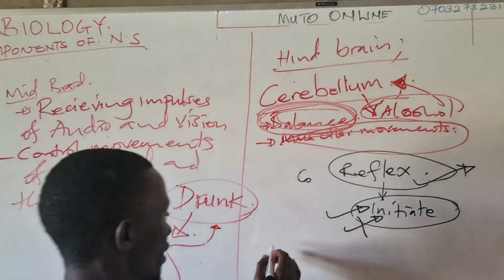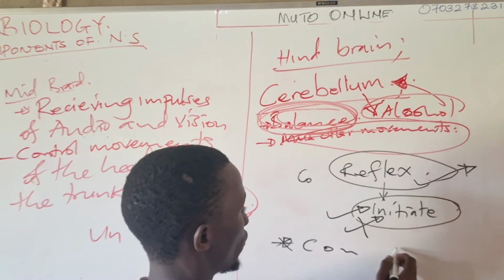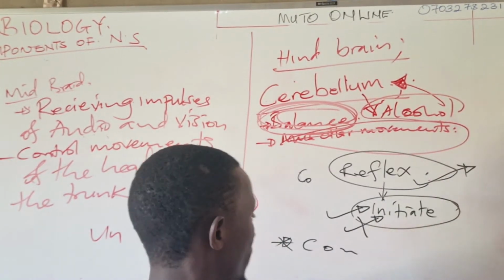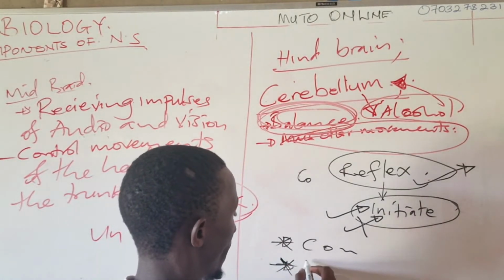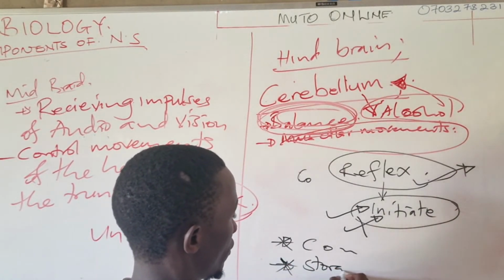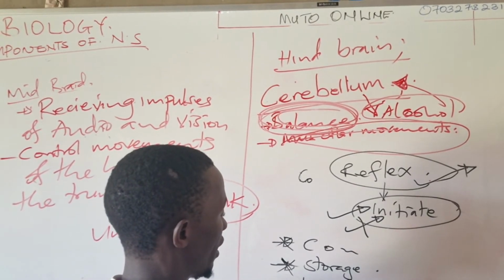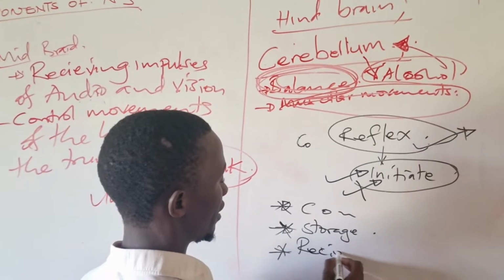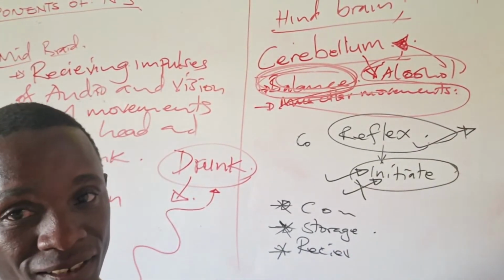But the brain serves those functions. It coordinates and integrates all activities of the body. We've seen the brain playing a role in storage of information. We've seen the brain receiving and interpreting impulses from all sensory organs.